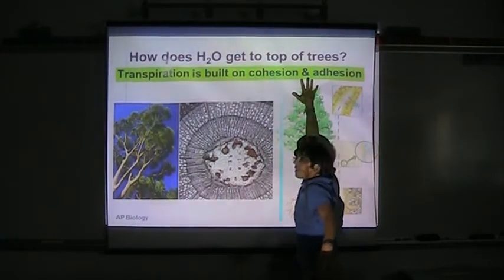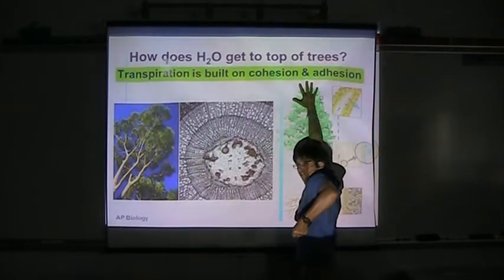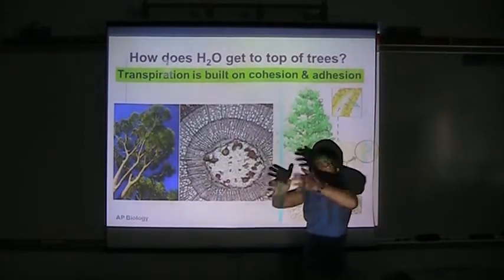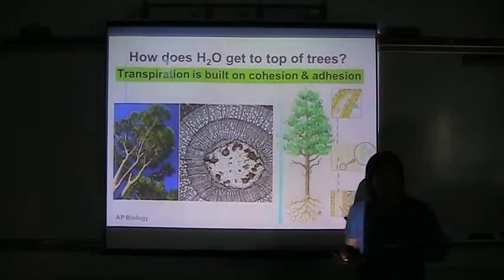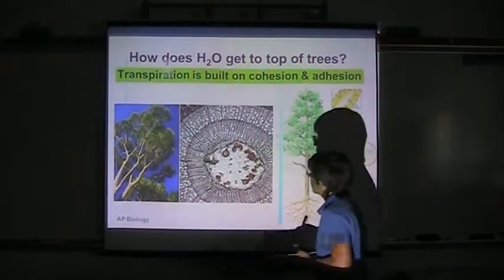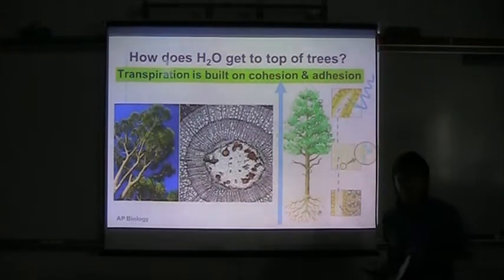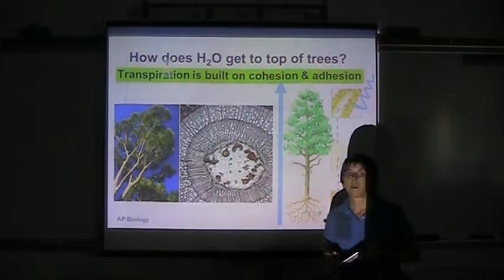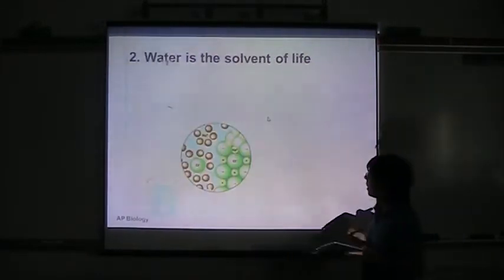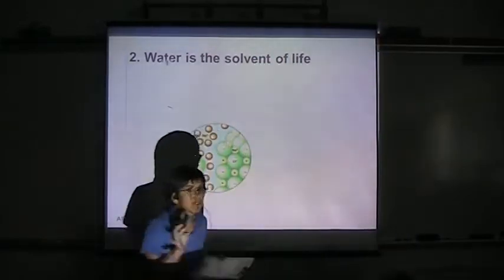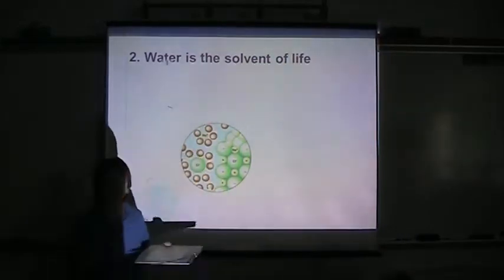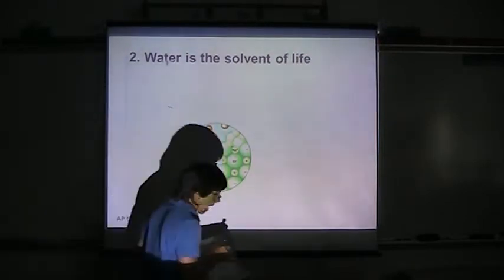So I attach to the xylem, but I also attach to the other molecule of water, and we just keep on basically going up and up and up. Cohesion and adhesion. That helps water move up the trees.